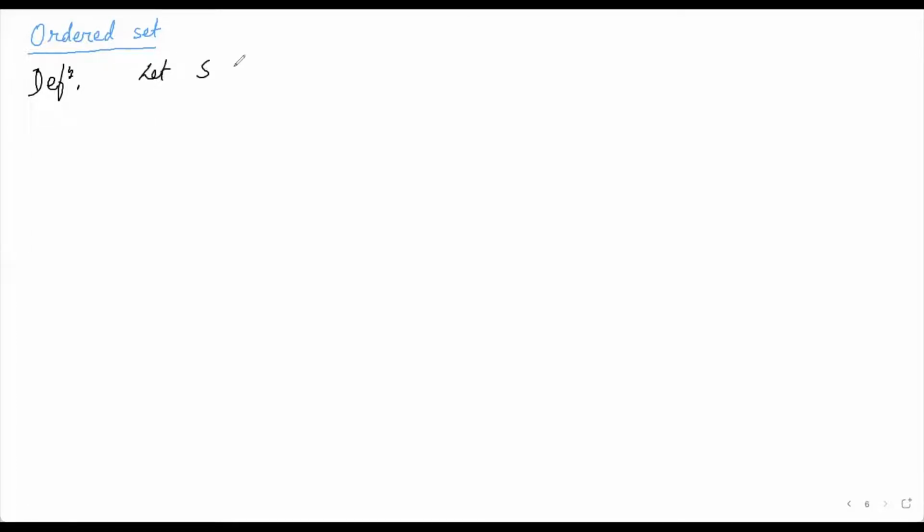Let S be a non-empty set, and an order on S is a relation, and this relation is denoted by this, and we read it as less than.